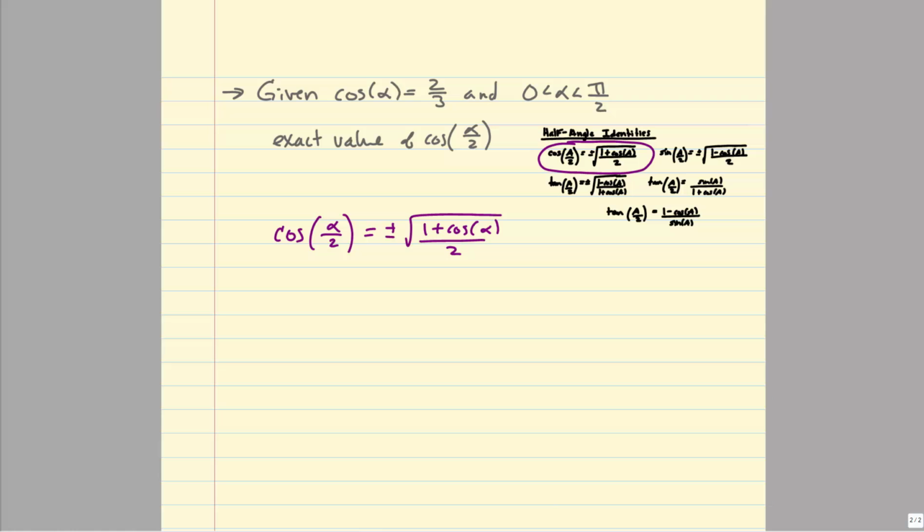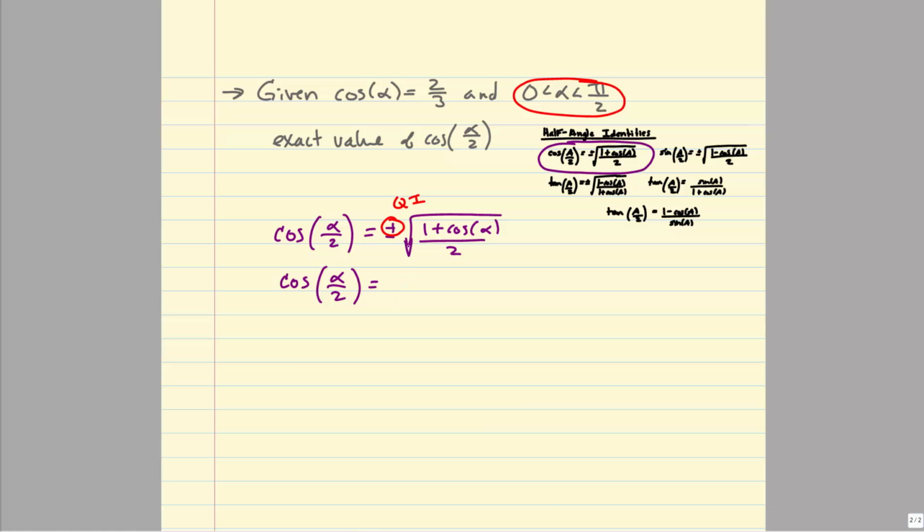Now we know which quadrant we're in. We're in quadrant 1. So I would choose cosine to be positive because I'm in quadrant 1. So cosine alpha over 2 is that positive value. That's an implied plus.